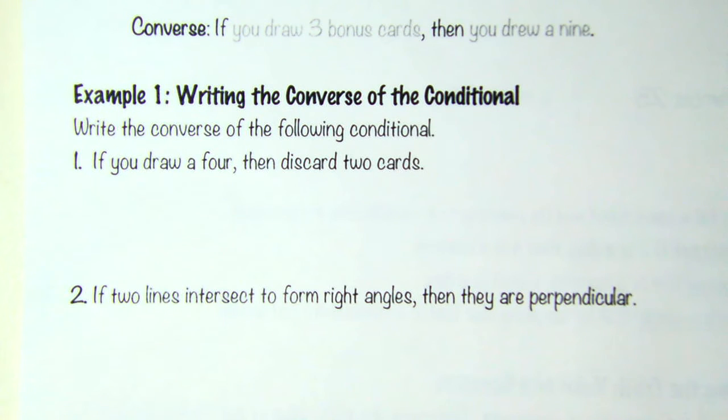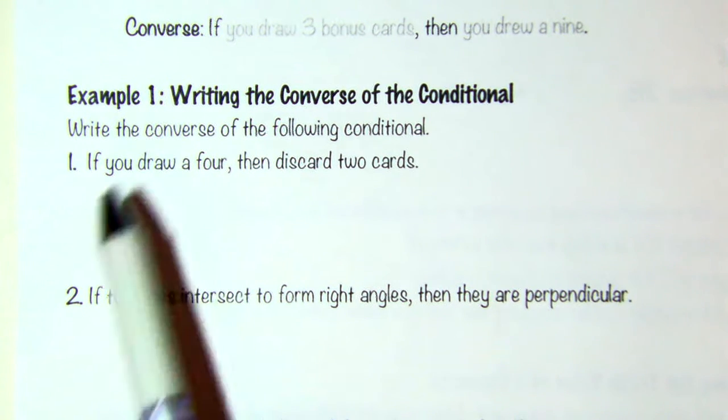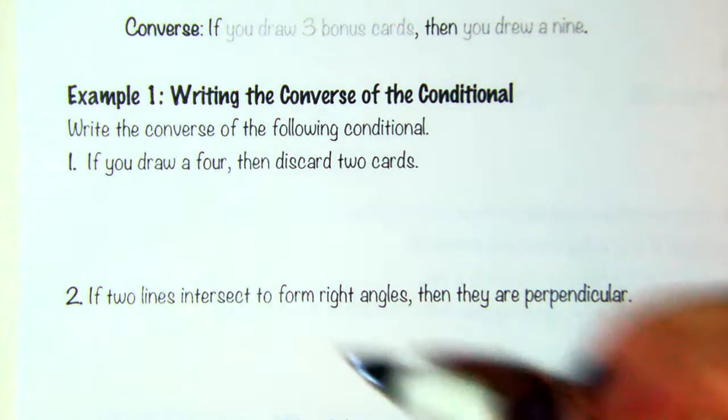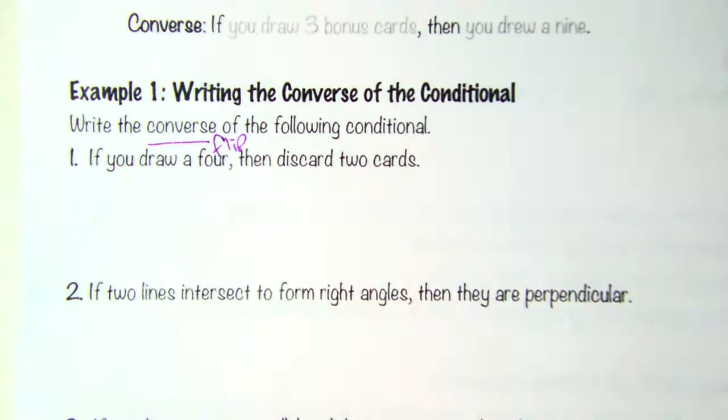So it says write the converse of the following conditional. So what might be a little bit hard about this chapter is you have to remember what all of these words are. So it might help you just to make a note by converse that says flip. That way you can try to remember that that's what converse is. So if you draw a 4, then discard 2 cards.